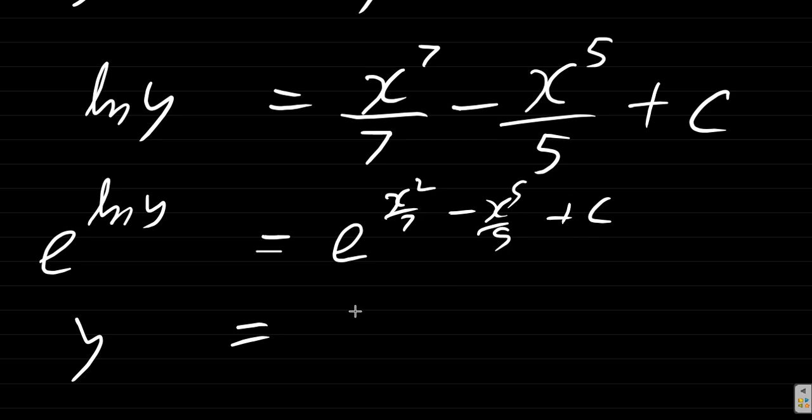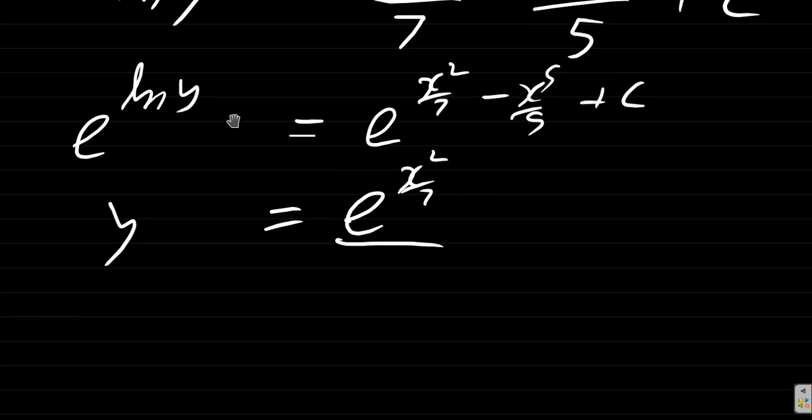So now this really would be, well, if you separate it into e's, we have e to the x to the 7 over 7. When you say e to the power minus a power, remember your rules of indices.